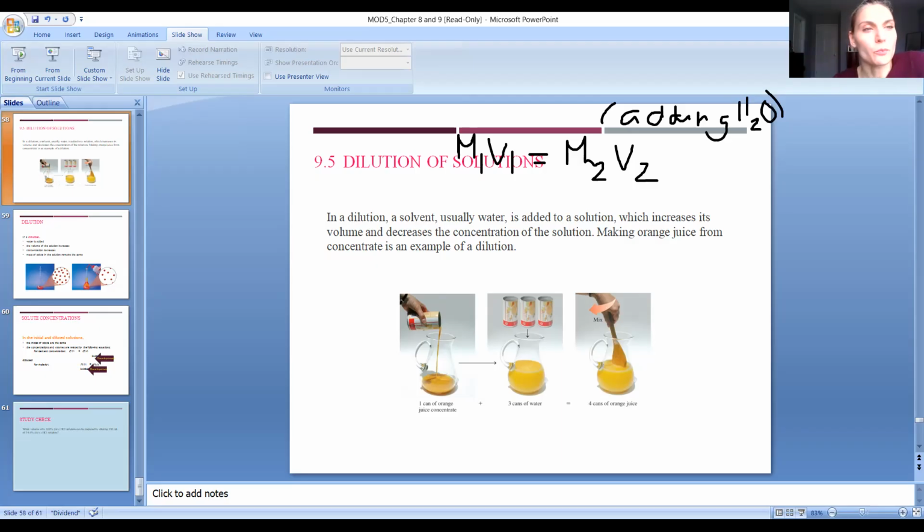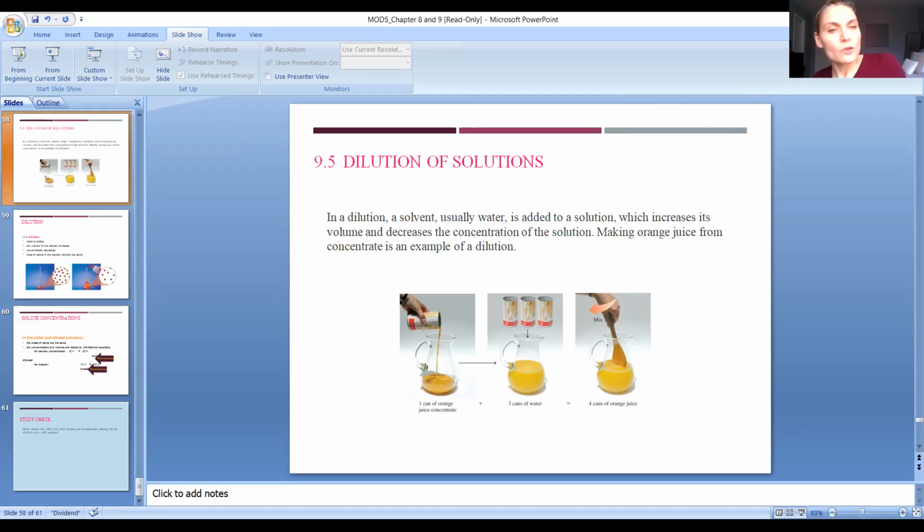So let's do a little practice problem. They gave us a concentration and a volume: a 2% moles by volume hydrochloric acid solution, prepared by diluting 25.0 milliliters of this 14% HCl solution.